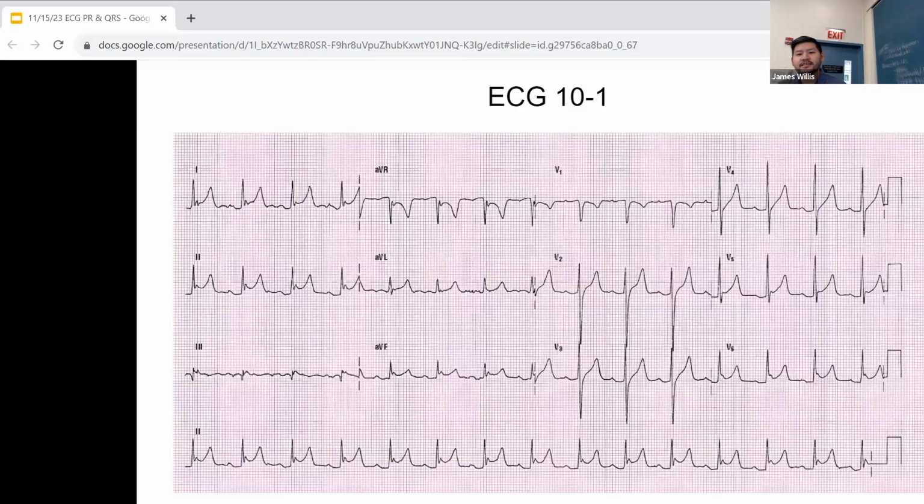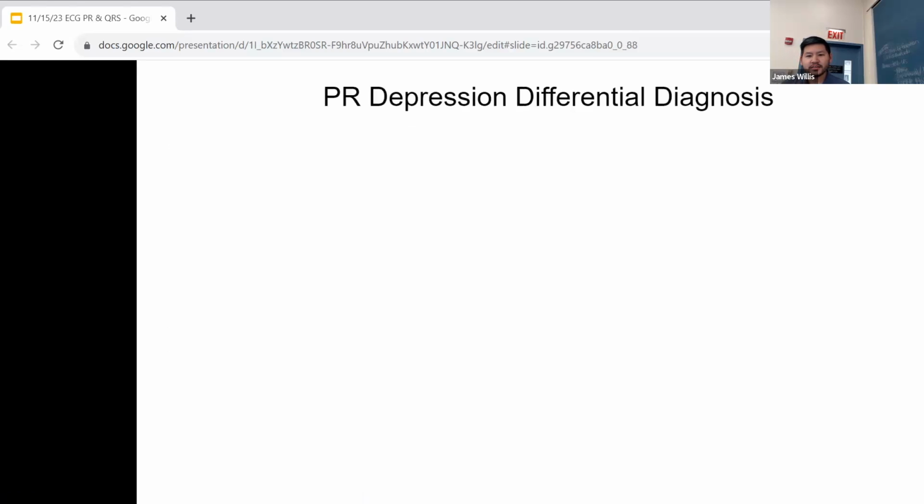And what's the rhythm? Is it sinus rhythm? Yeah, it looks pretty sinus. So I heard pericarditis. What else could it be?